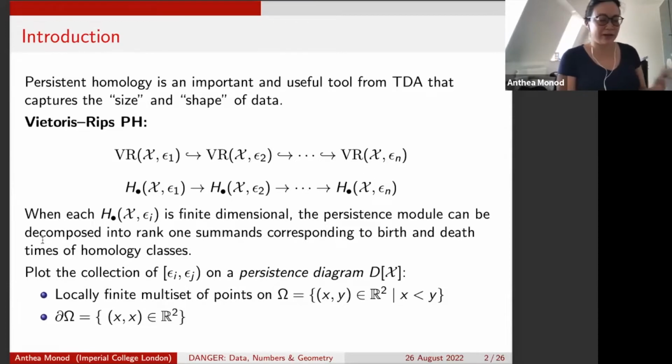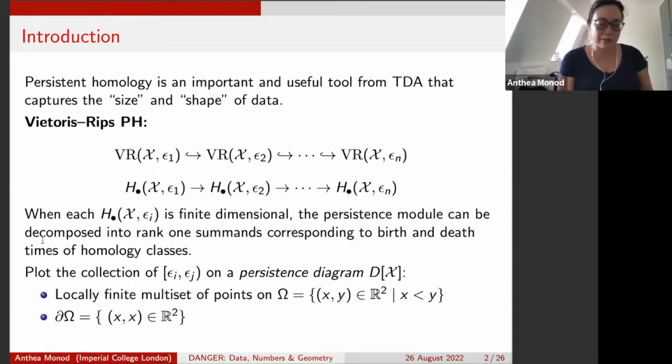The construction of persistent homology always starts with a filtration, which is a nested sequence of topological spaces. In the Vietoris-Rips filtration, we're looking at an increasing sequence of parameters, our epsilons, epsilon 1 through epsilon n.